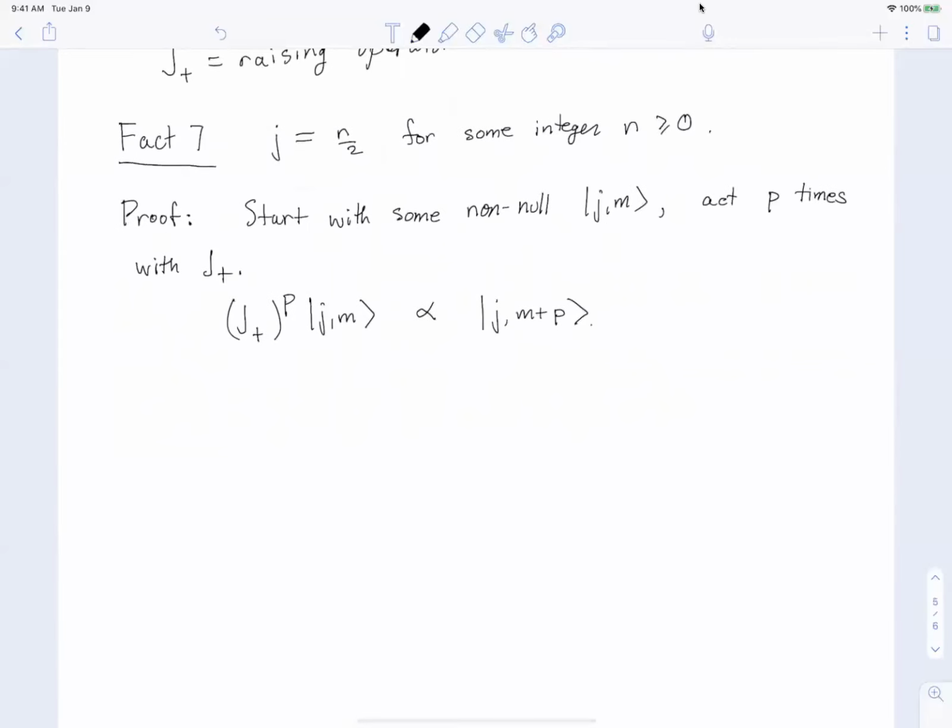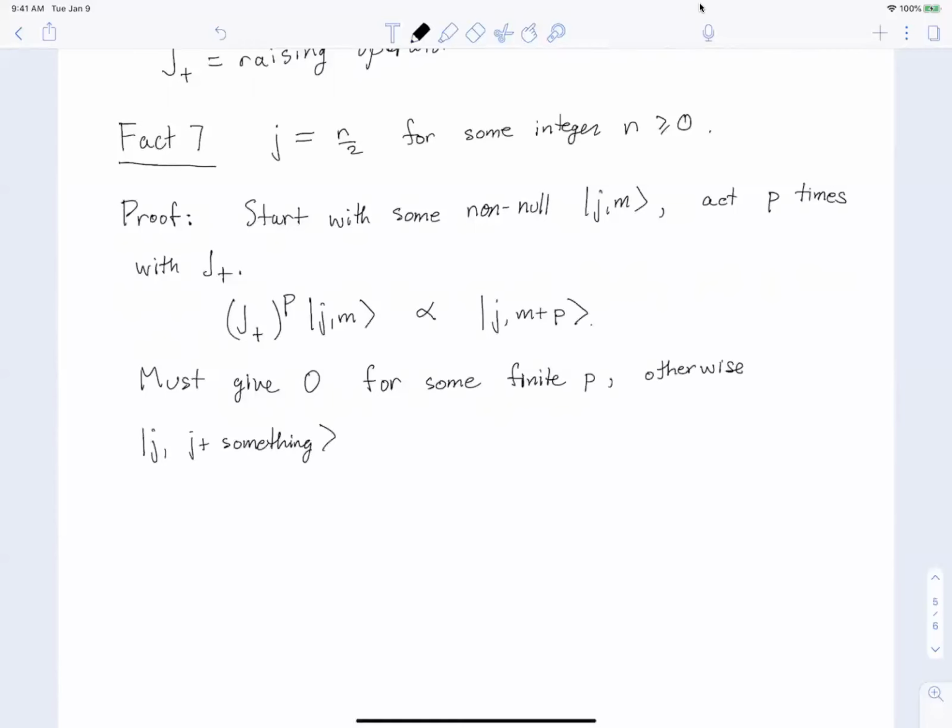All right. Now, this must give 0 for some finite p. By 0, I really mean the null ket. Okay, because otherwise, if I chose p large enough, then I would have a ket j plus something, which would be non-null.